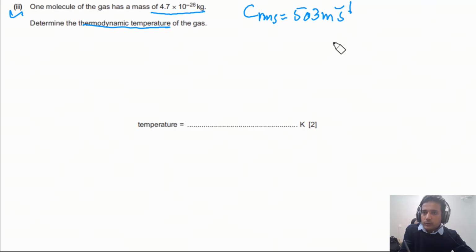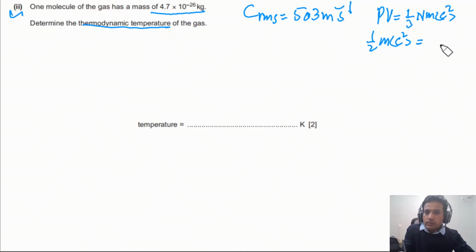So which one can we use for that? I have told you these equations are very important. 1/3 Nm times mean square speed, and 1/2 m times mean square speed is equal to 3/2 kT, and k is a constant, the Boltzmann constant.